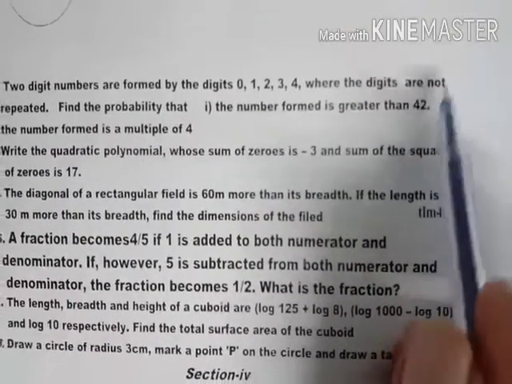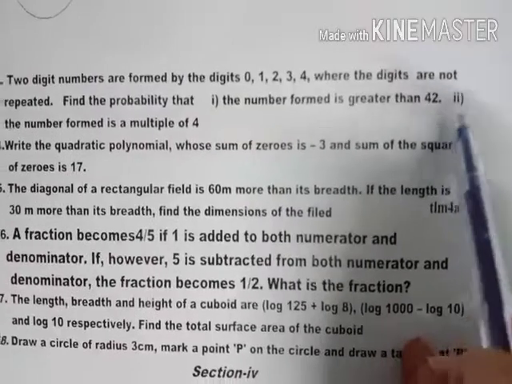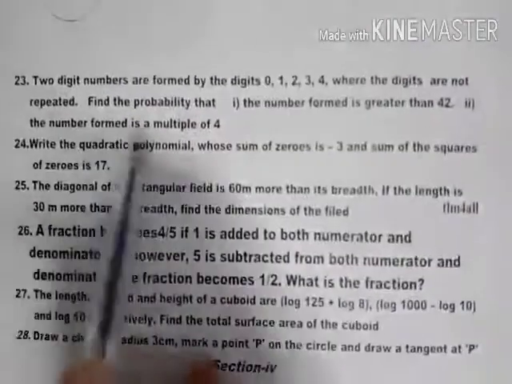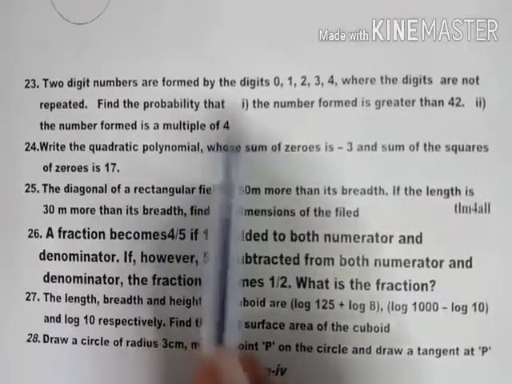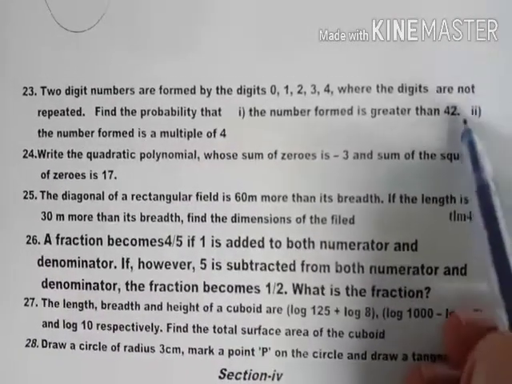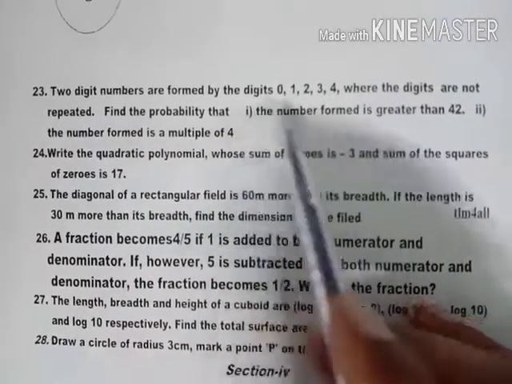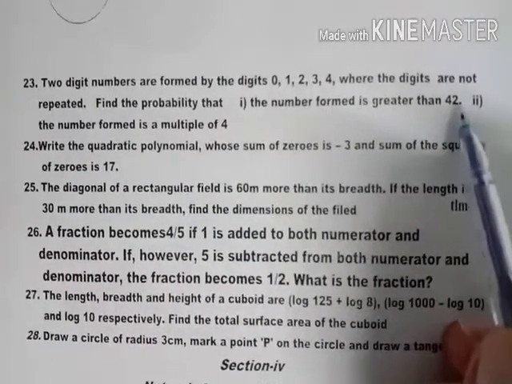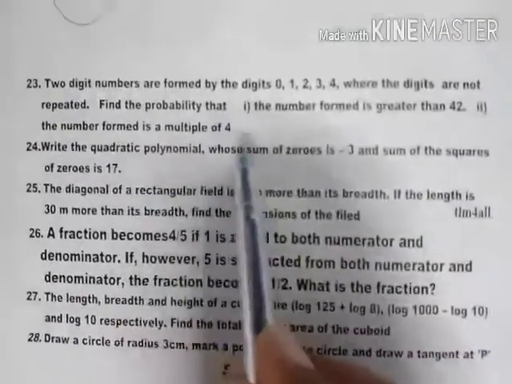That means if we get 43 which is greater than 42. So like this. And the numbers formed by multiples of 4. For example, we'll get 40. So 40 is a multiple of 4. Otherwise we will get a 44. 44 is a multiple of 4, 4 elevens are 44, like this.